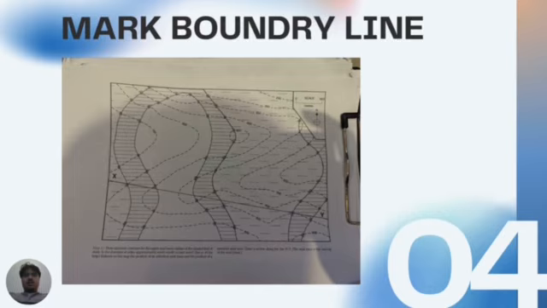For the boundary line, we must see where the contour lines intersect with the rock boundary line. So mark those points, and as you can see from the picture, I have marked a few points in which the contour intersects with the rock boundary line.